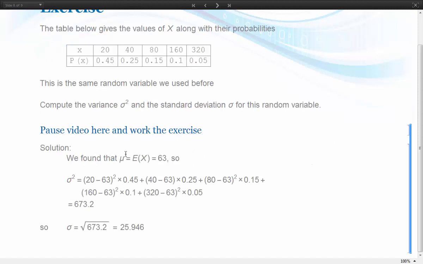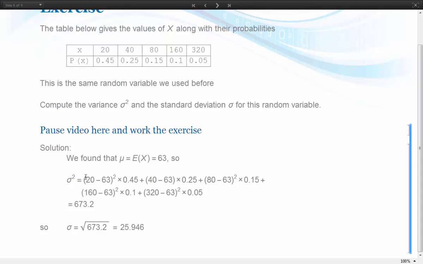Remember, we found that the expected value of this random variable was 63, the mean. So now, if we compute the variance, we take each value, subtract the mean, that's the deviation from the mean, square it, and multiply by its probability.